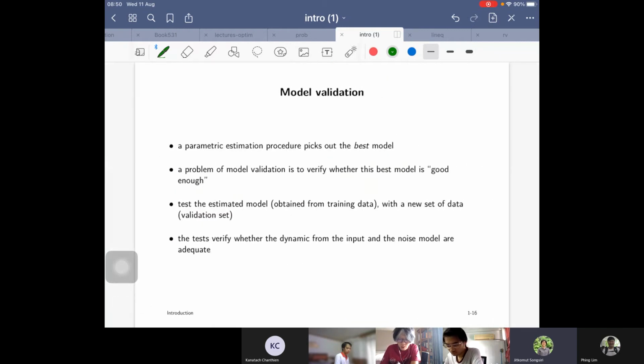The last process is called model validation. As we picked the best model, we have to verify if this model is good enough or not. We're going to use the validation set, the new set of data, in order to assess it.